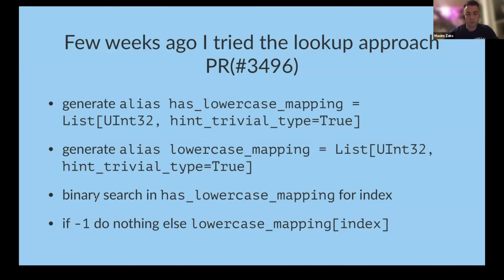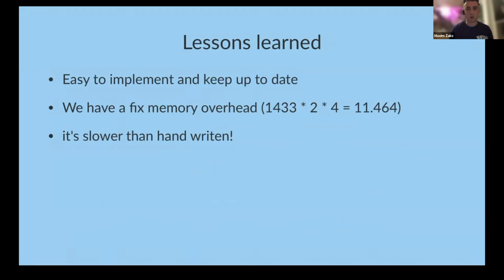What I do then is a binary search on the has-lowercase-mapping list to find the index. If the index is -1, then do nothing, or rather keep the same character that you already have in your string. Otherwise, look up the value in the lowercase mapping by index, and then convert it to a UTF-8 string by calling the char function.